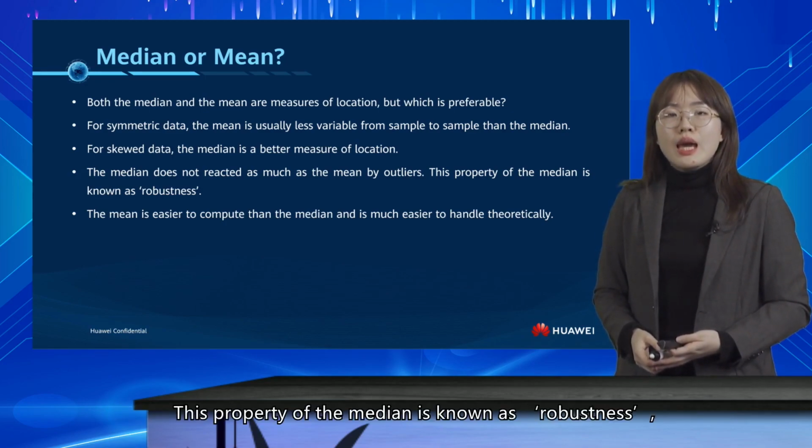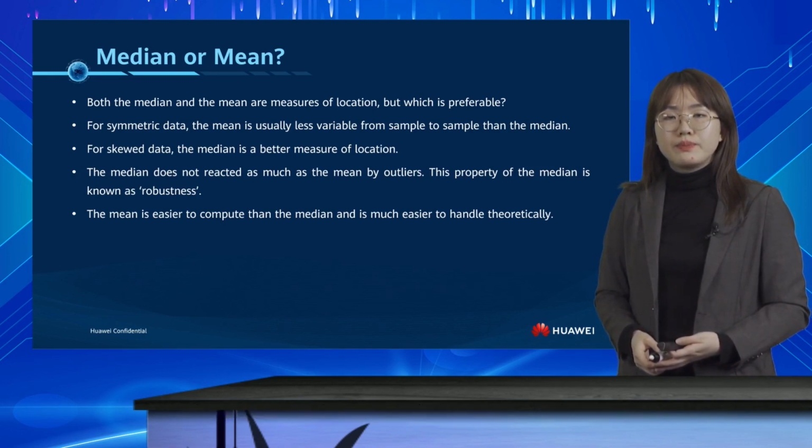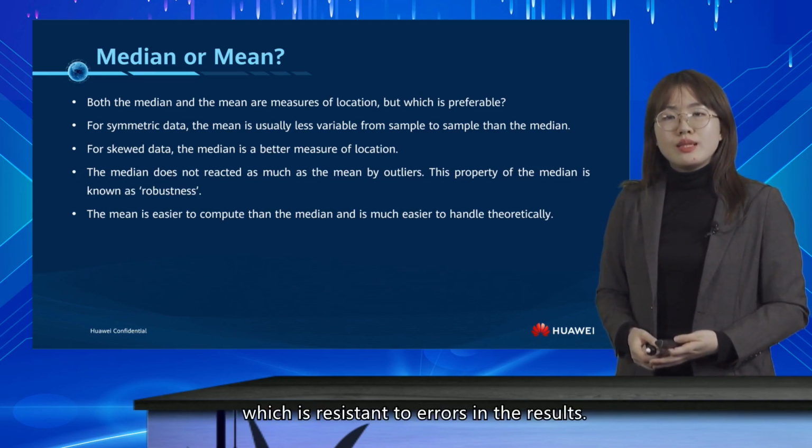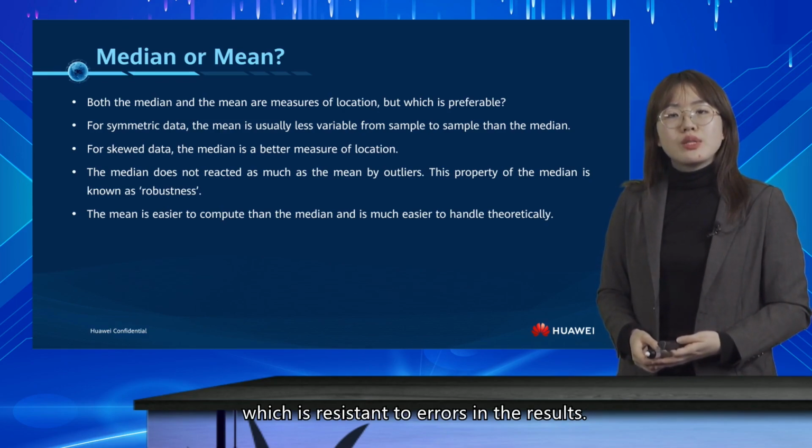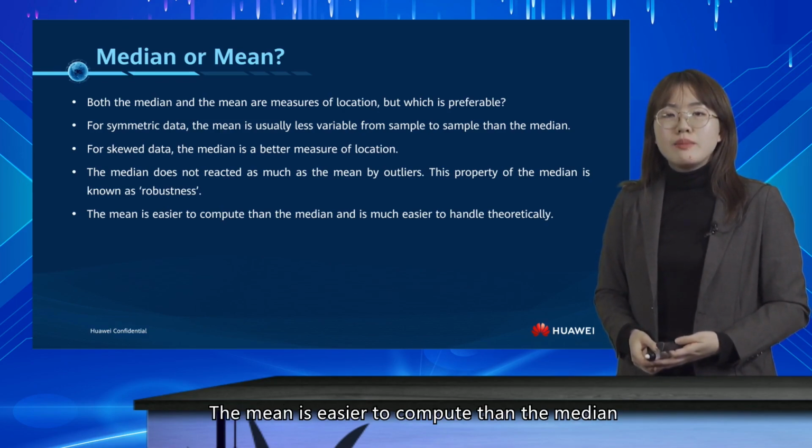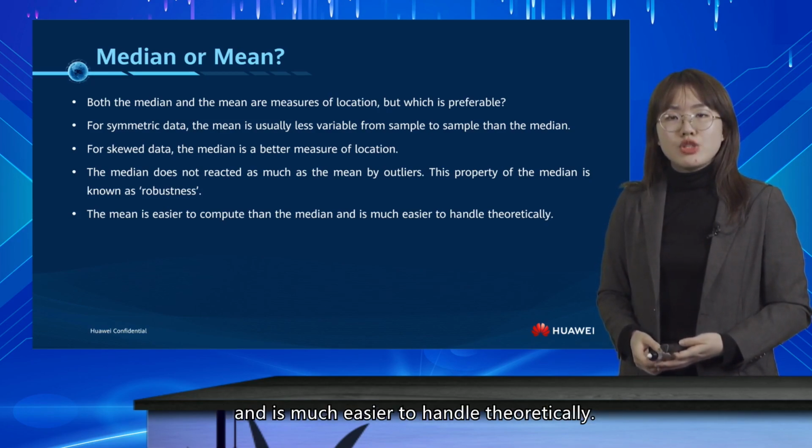This property of the median is known as robustness, which is resistance to errors in the result. The mean is easier to compute than the median and is much easier to handle theoretically.